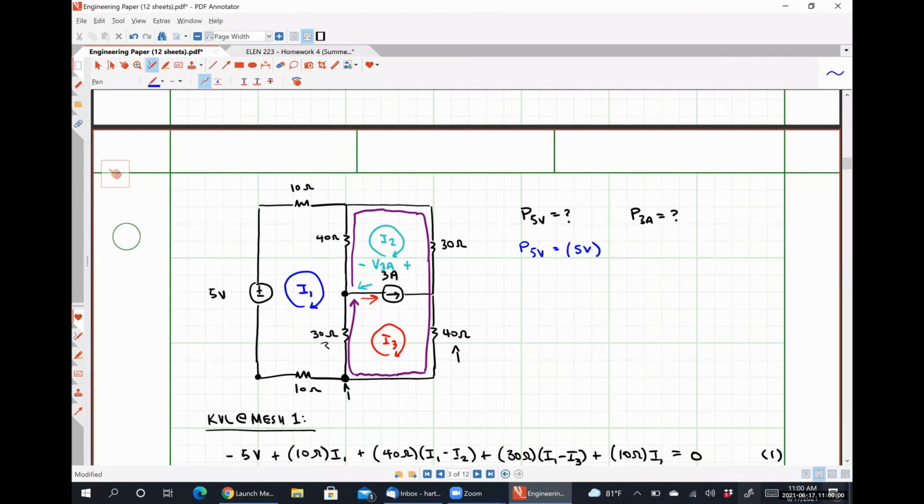I1. I1, absolutely right. So we would simply have 5 volts times negative 0.18 amps, which is going to be negative 0.909 watts.